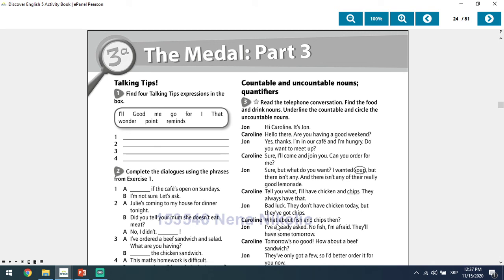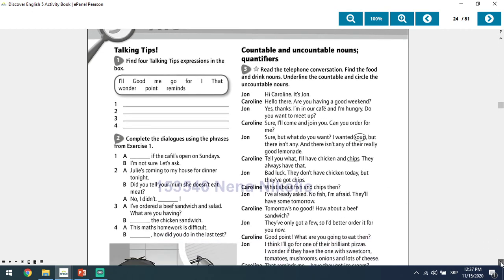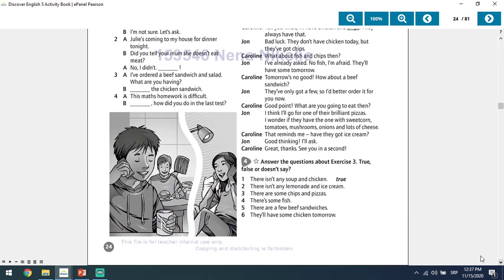While you are reading, circle all the nouns that are uncountable and underline the nouns that are countable. When you finish that, look at the sentences here and write down whether they are true or false, or maybe they didn't talk about that.